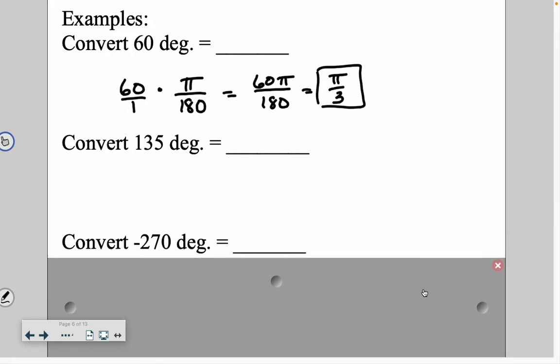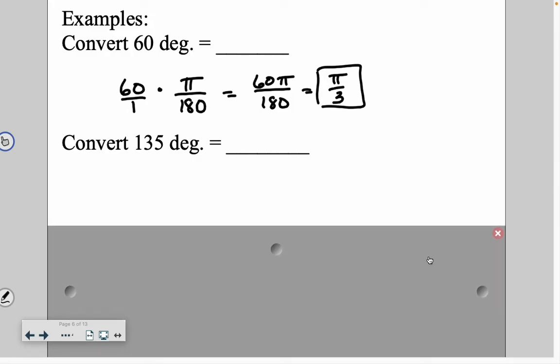How about 135 degrees? Same idea. If we're going from degrees into radians, take 135 and multiply it by pi over 180. Think of that as over 1. Multiply and go straight across. We've got 135 pi over 180.